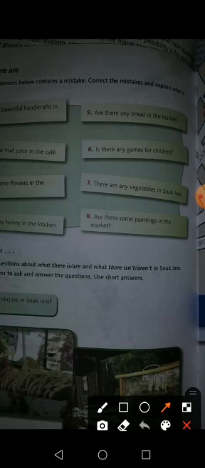Number 6, is there any games? Number 7, are there any vegetable in Souk Jara? And number 8, are there some painting in the market? So here you have to complete those sentences, okay, student? So this is homework for you.